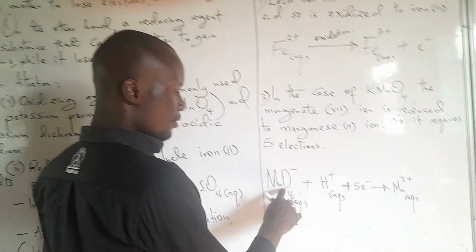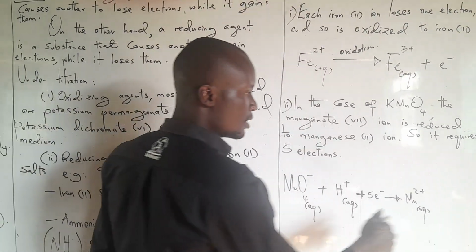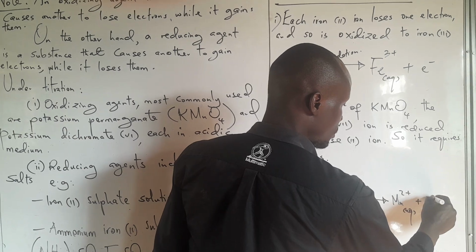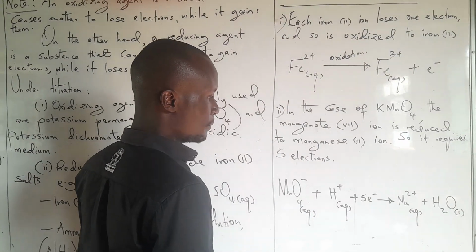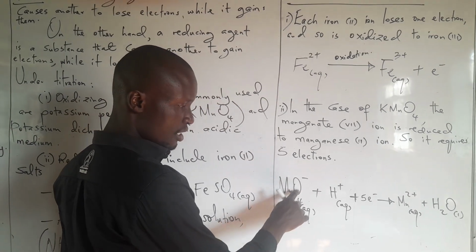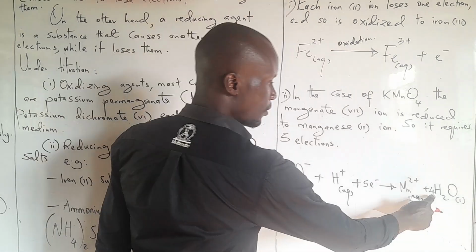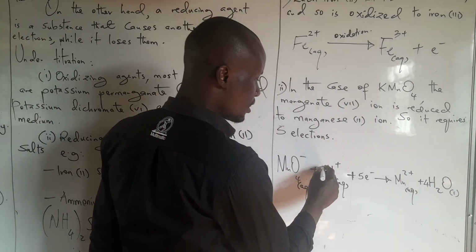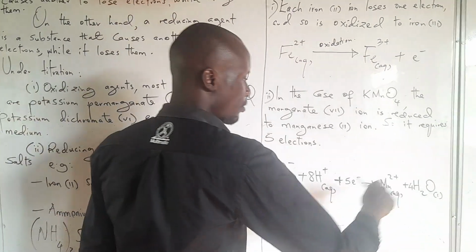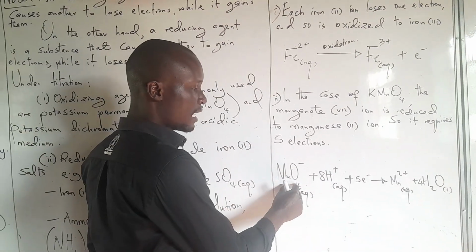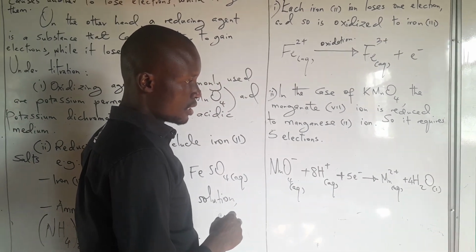And then water is also going to be formed because we have hydrogen ions and oxide ions. Here we have 4 oxygen atoms, so we need 4 water molecules, and 4 times 2 gives 8 hydrogen ions. Are we together? So this is an ionic equation showing how the manganese(VII) ion is reduced to manganese(II).